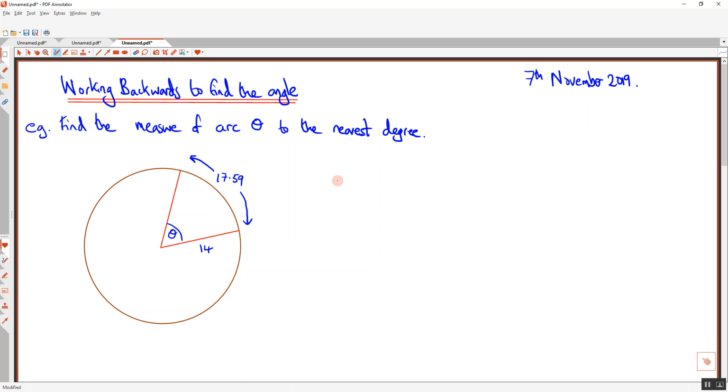Liam? So 17.59 divided by... well, the opposite of multiplication is division. The opposite of division is multiplication.